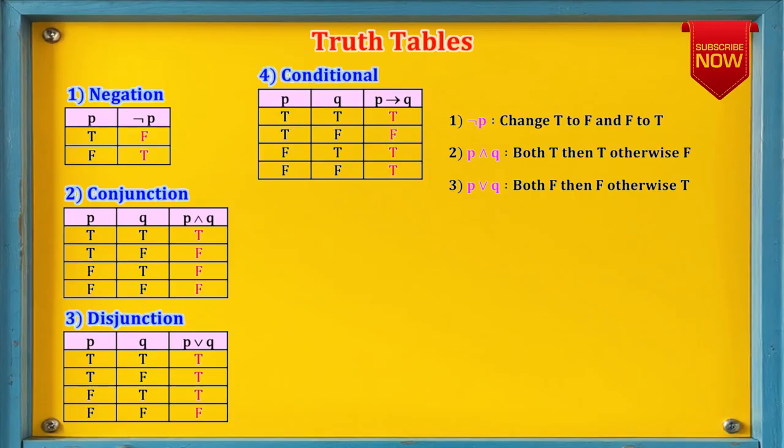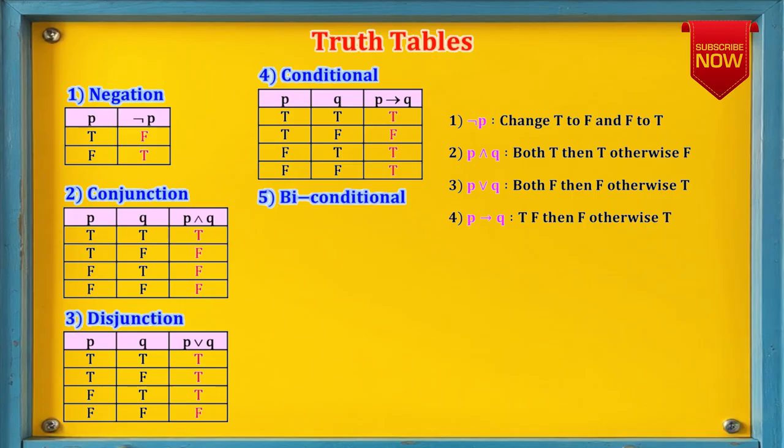Here, the first statement is P, so P is true. Second statement, Q, is false. Then we get the answer false, otherwise true. So P then Q, we can remember like this easily. T F, then the answer is F. That is first true, second false, then the answer is false, otherwise true.